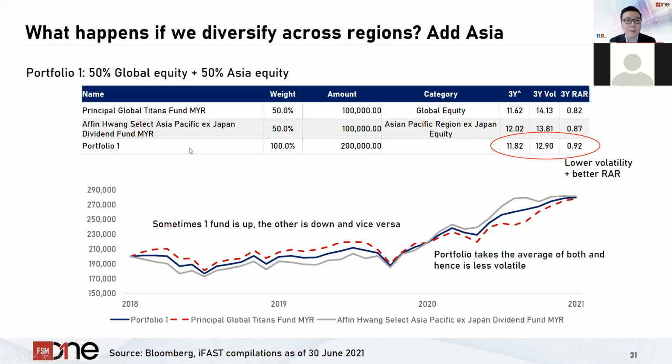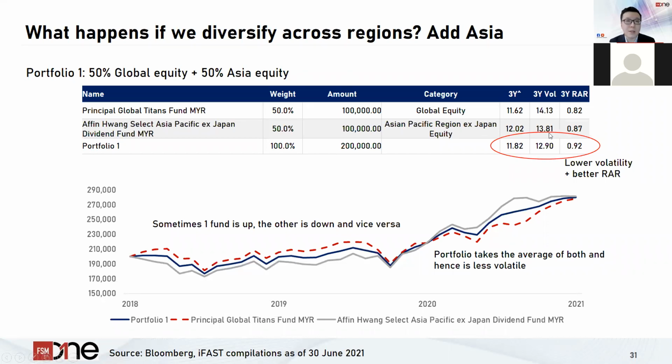Quite similar. But when you put them in the portfolio together, 50% in each, you get similar returns, the same. But the magic happens here: the vol for the portfolio drops. It's even lower than the individual funds themselves. 12.9% vol is lower than the individual funds' 14 and 13.8.